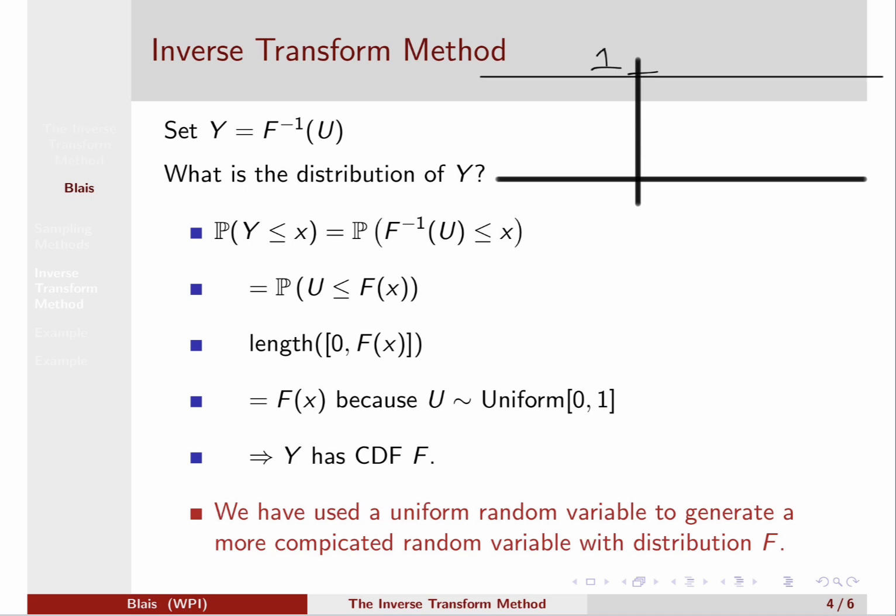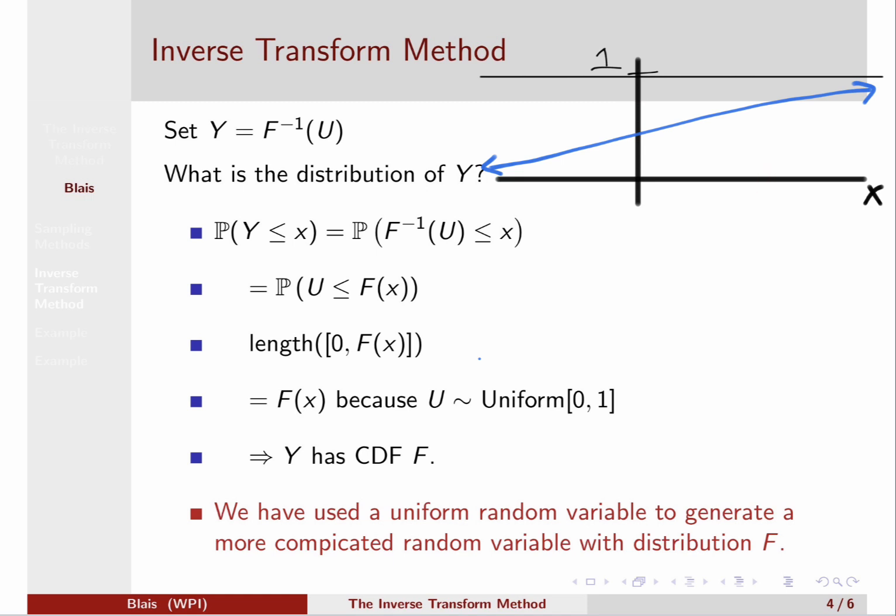So we know that our CDF, whatever it looks like, it's strictly increasing and continuous. And usually when you think of your CDF, you think of picking an X value down here, and then you go up to your CDF, and this value here is the probability that your random variable is less than or equal to your value on the horizontal axis.